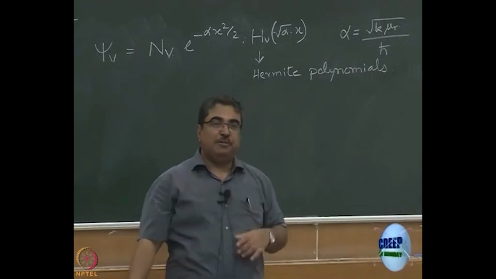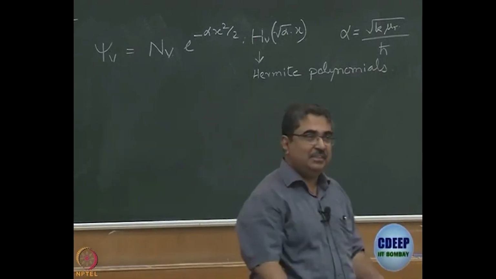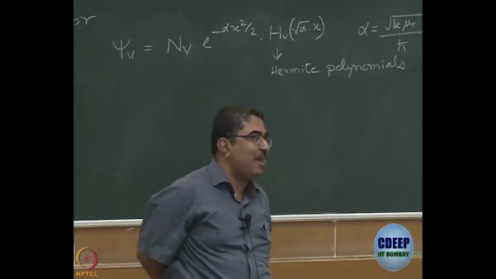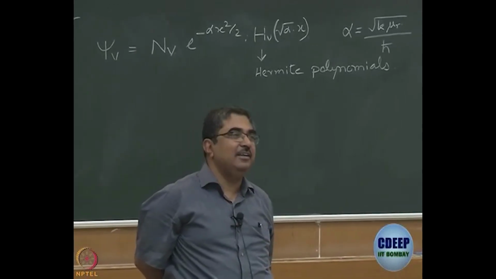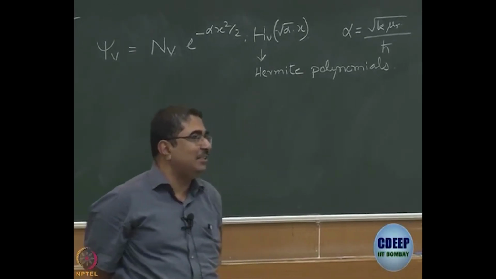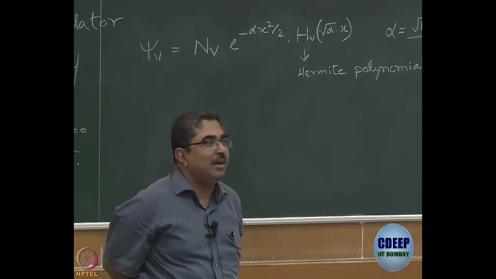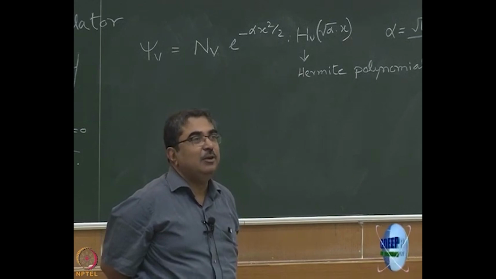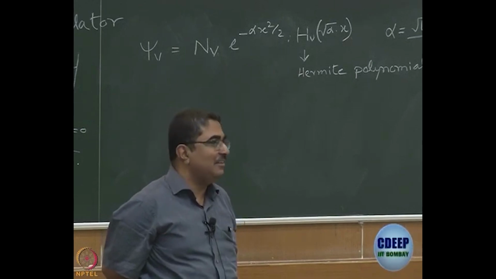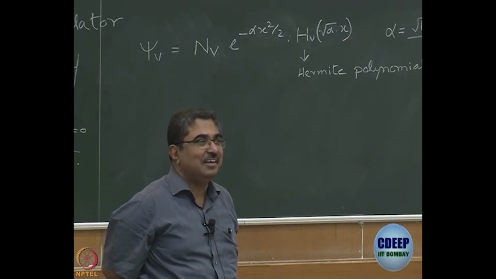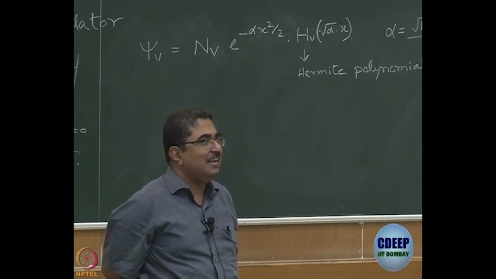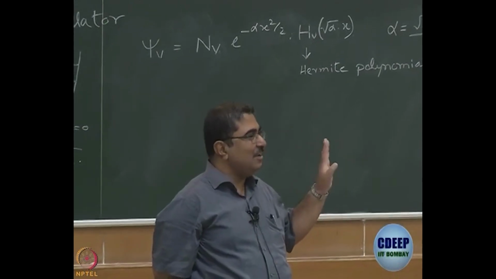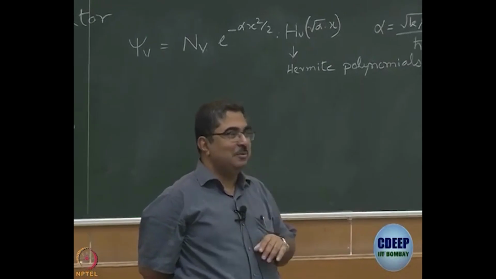Do you know the form of some Hermite polynomials? What is say H0? Yes, okay. I would say it is a constant, but one is a constant. What is say H1? H0 is 1, H1 is 1. This is kind of taking things a bit too far. It is the same as the variable, right? What about H2?